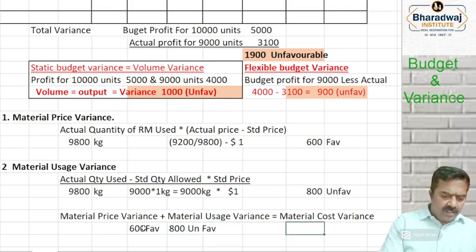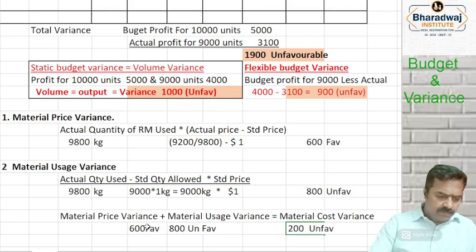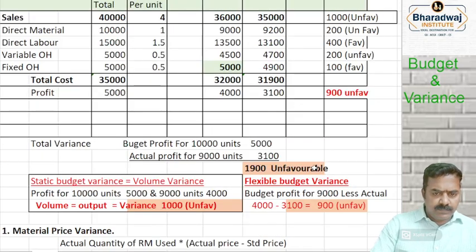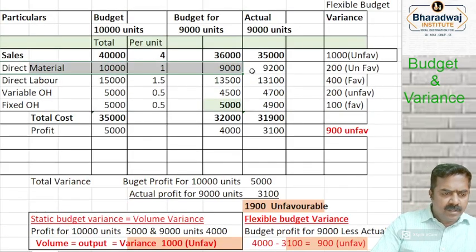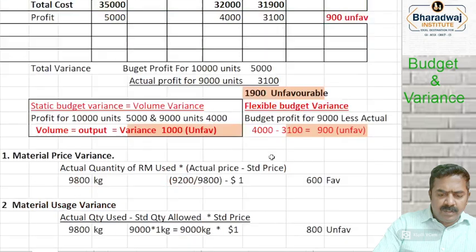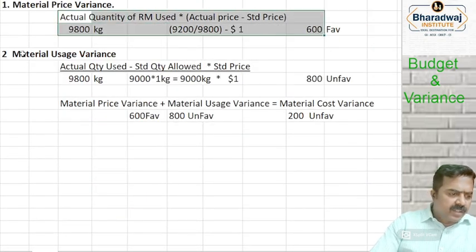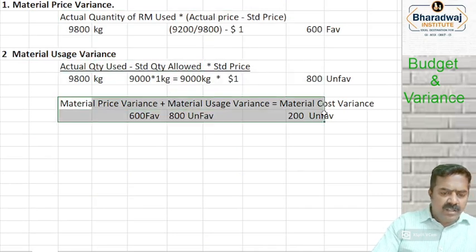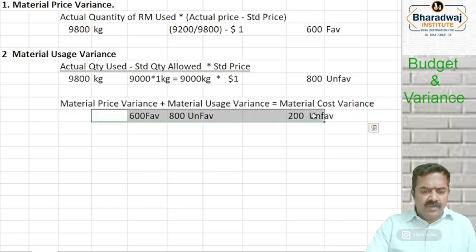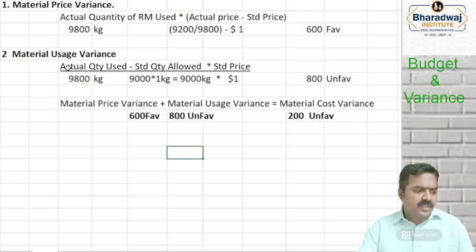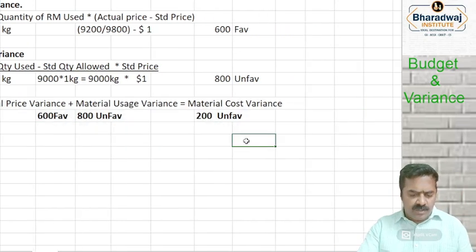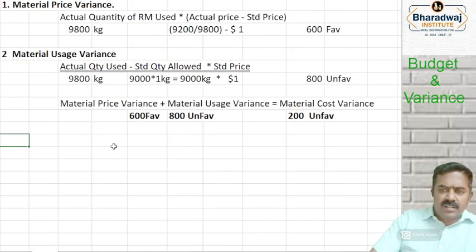So this will give us material cost variance, net unfavorable. You can check this. Direct material 200 unfavorable. Why? Because price variance we got a positive thing, usage variance we got a negative thing. Net variance is what? Unfavorable. That is what we have learned. Price variance plus usage variance gives us which variance? Cost variance.